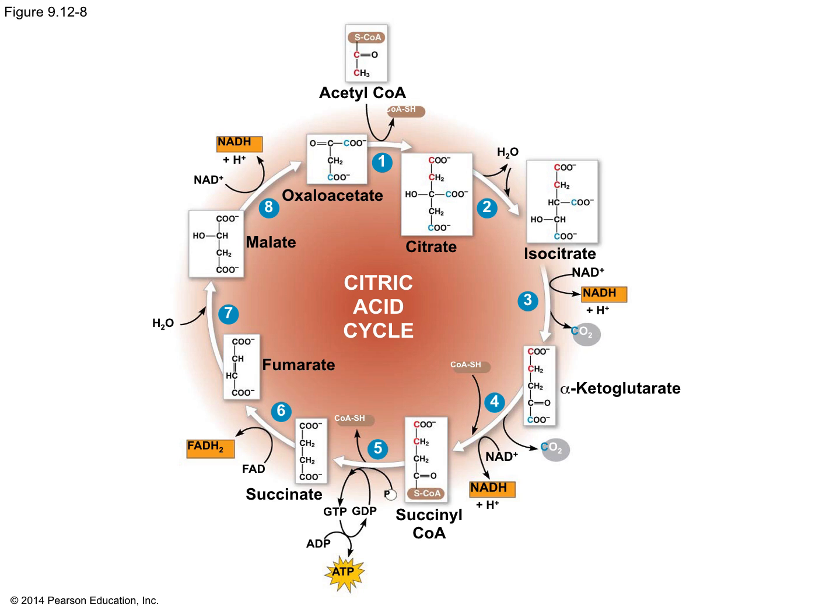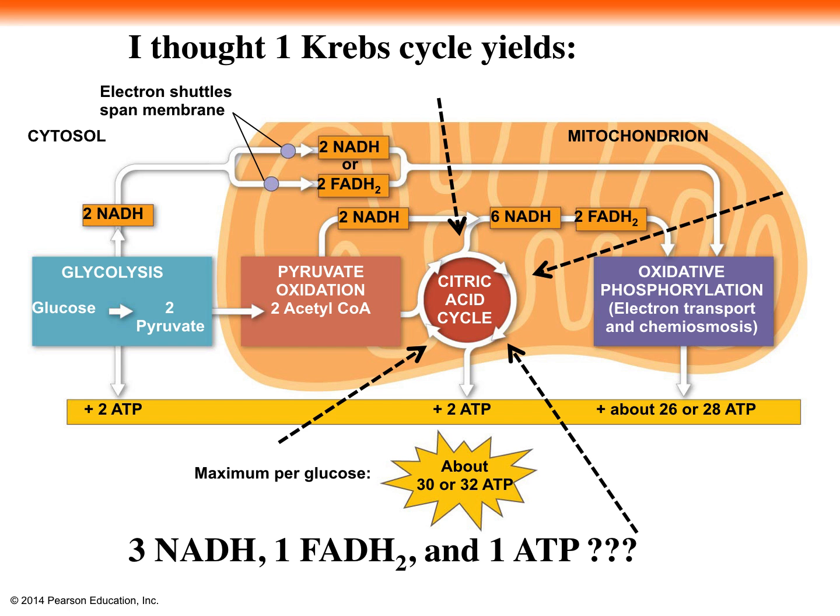But also, I want you to remember that the first molecule formed is citrate, which is where the name citric acid cycle comes from. The first molecule formed is citrate. That's what I want you to get out of the citric acid cycle, or the Krebs cycle. Those are the most important things.